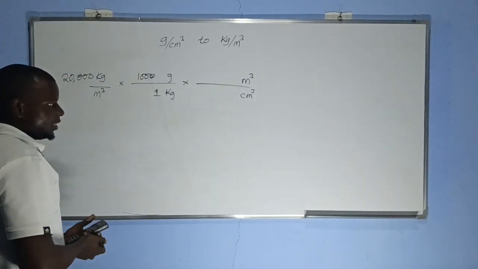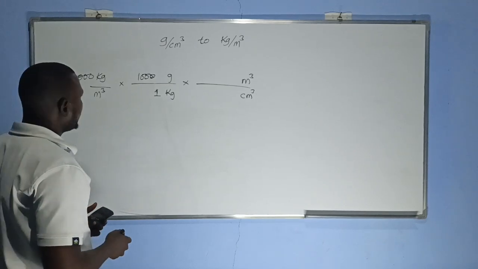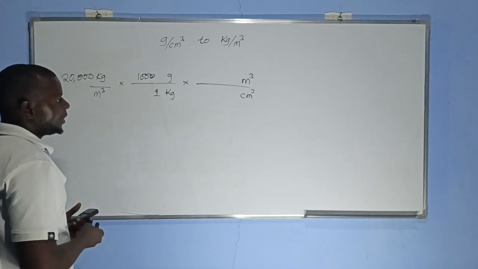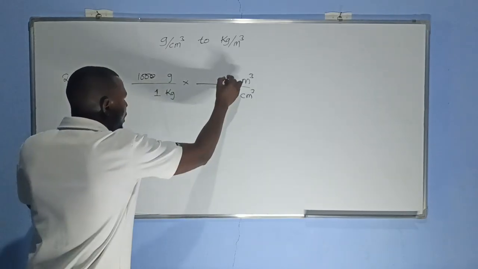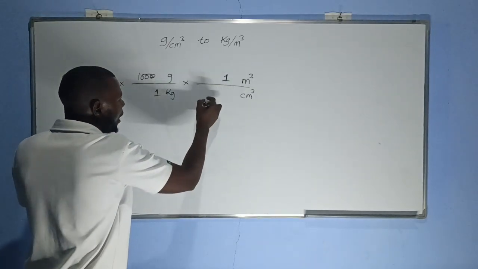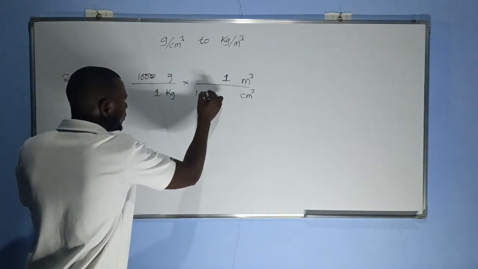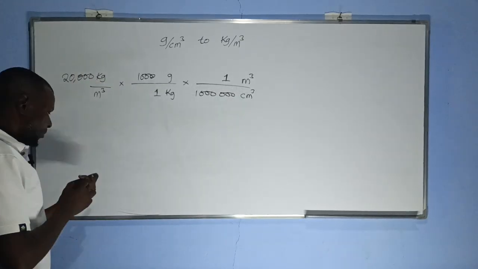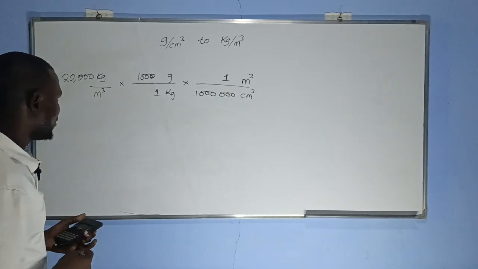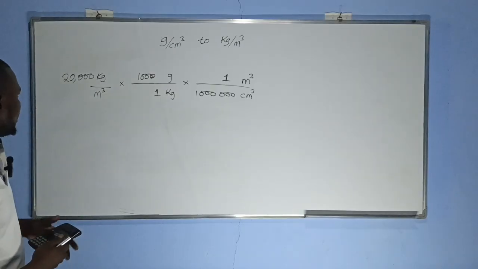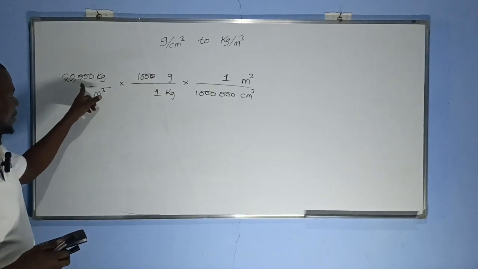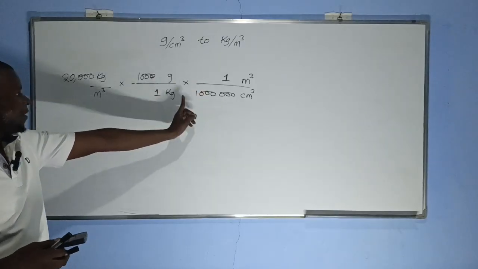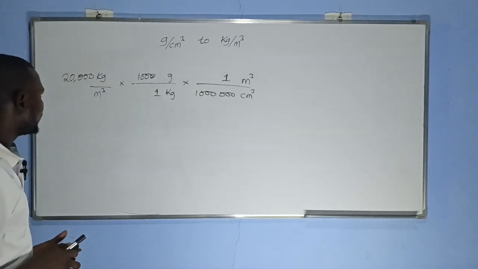Now, since we already did the mathematics earlier, as we were converting from grams per cubic centimeter to kgs per cubic meter, we found out that 1 cubic meter is equal to a million cubic centimeters. So we'll just put it there and then we do our mathematics. All we have to do is multiply 20,000 by 1,000 by 1 and then divide it by a million.